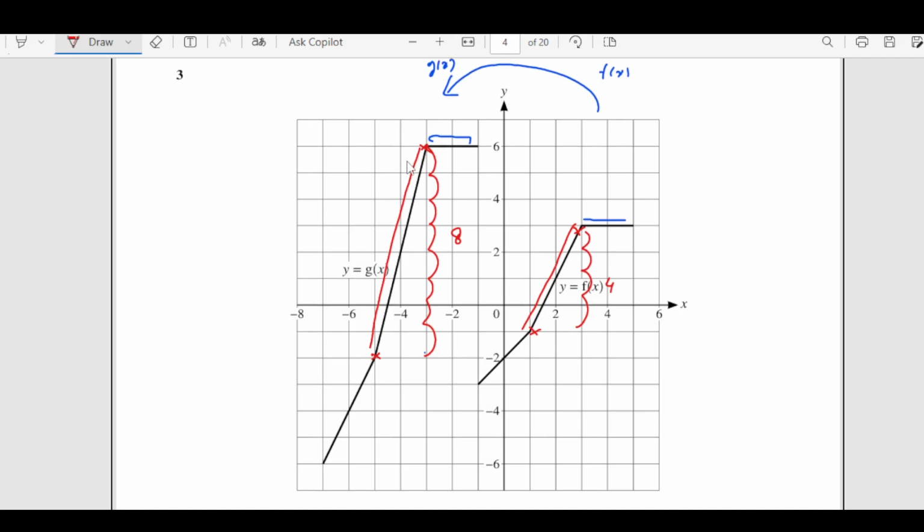Now we can see the other part also from here to here. This is 1, 2 squares. Here we have 1, 2, 3 and 4 from here to here. So if this is 4, this is now 2. So you can see this has been stretched, and that is a vertical stretch. So we will write it down.